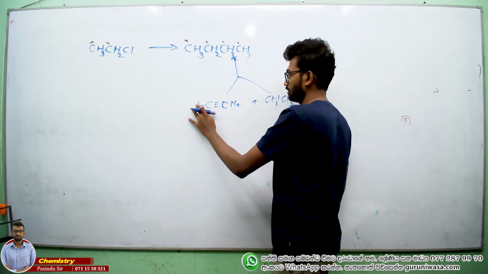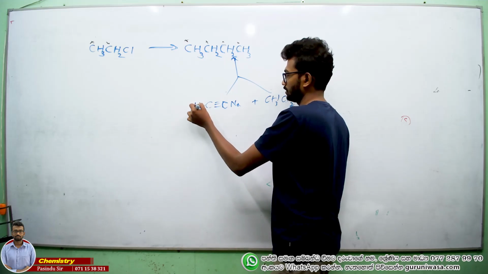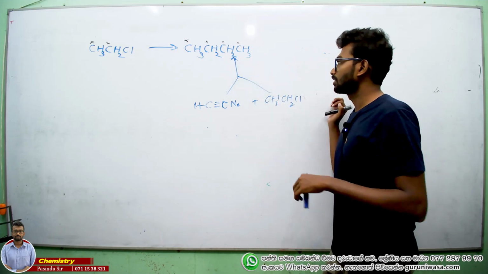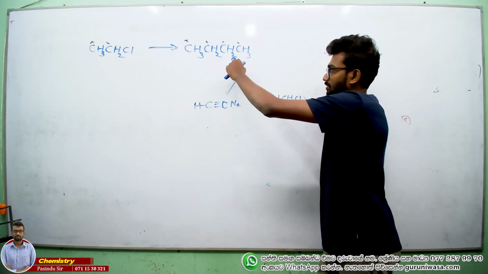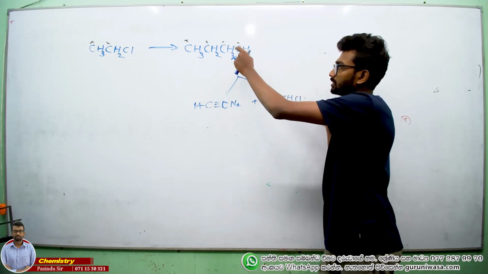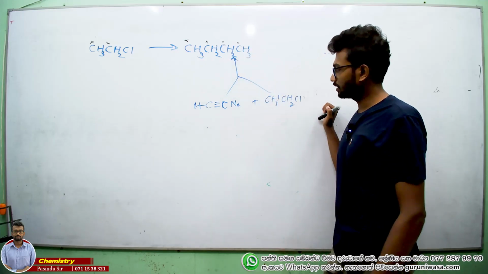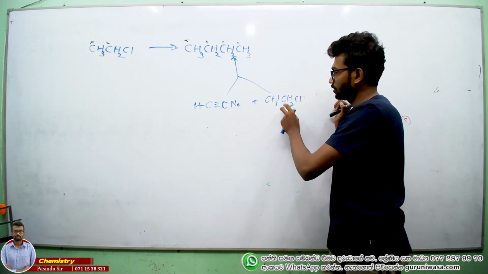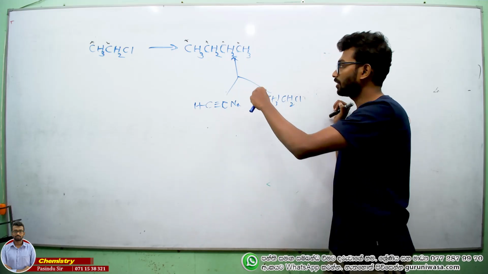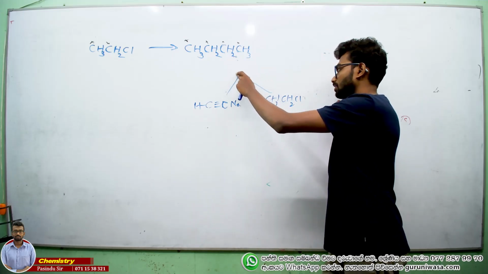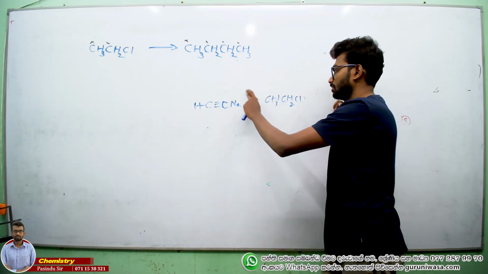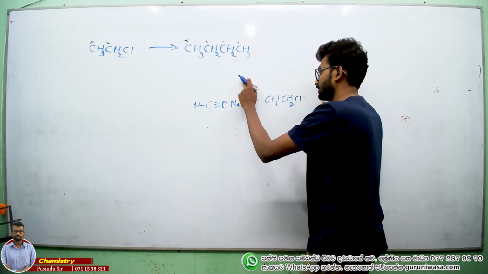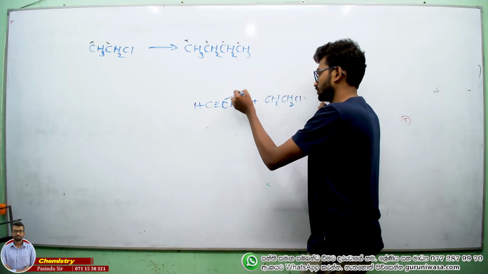Then you can get CH3 CH2 CH2 CH3. No, not directly. You have to join it, and again you have to do hydrogenation also.